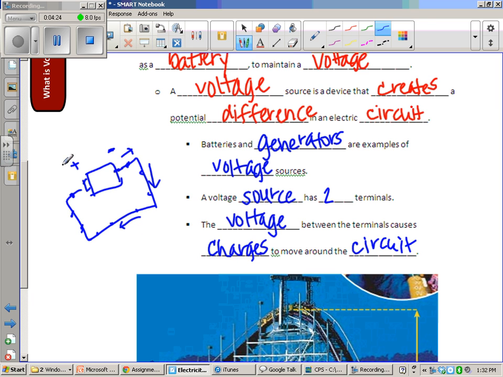Well, they're going to want to go to the positive side of the battery because opposites attract. So because of this potential difference between the two terminals of your voltage source, you get voltage, which pushes your electrons from the negative to the positive. So we know that they're traveling negative to positive.